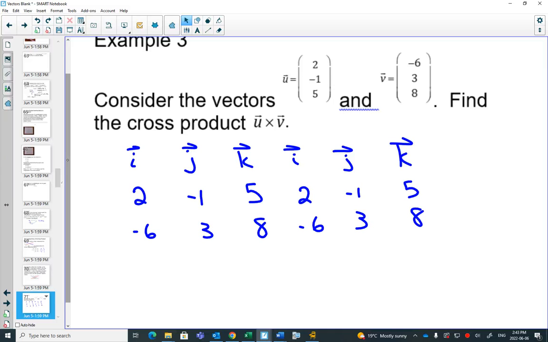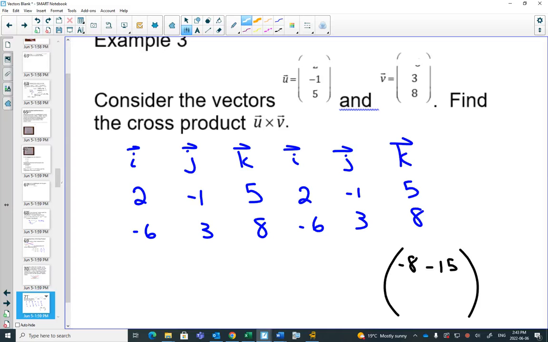Now, we'll do it using both methods. Here's my fingers crossed that I get the same answer with both ways. Okay? Using the method we saw first, if I took out row 1, I would get negative 8 minus 15. Does that make sense? If I took out row 1 and then thought of that as a determinant, calculating the determinant of what would be left is negative 8 minus 15.